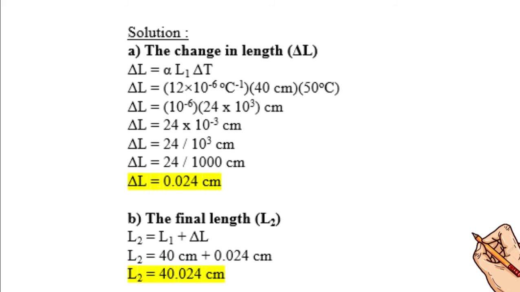The solution is shown. For the change in length, or the delta L, substitute the values of the alpha, initial length, and the change in temperature. After substituting, multiply the values.